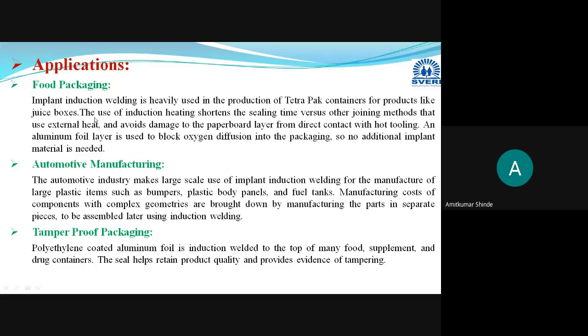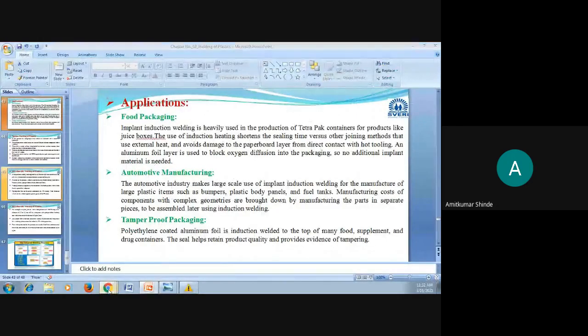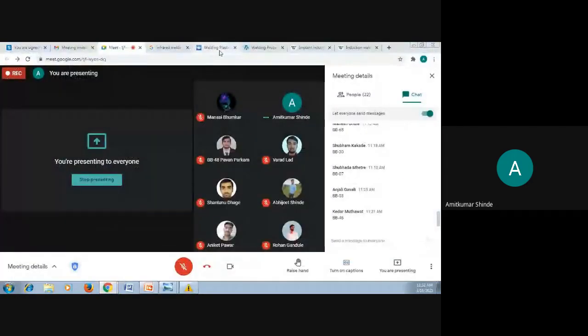The use of induction heating shortens the sealing time here due to the external heat. I will show the diagram for this Tetra Pak for food packaging so that you will understand it.